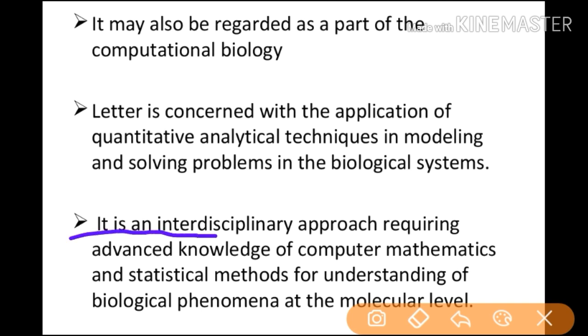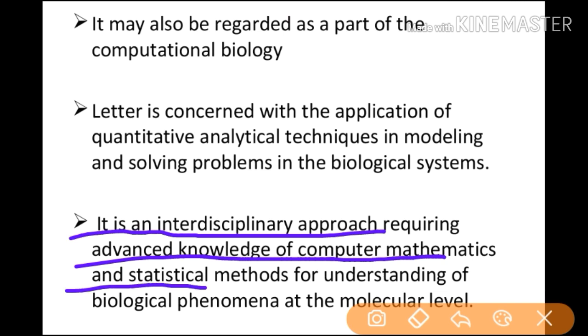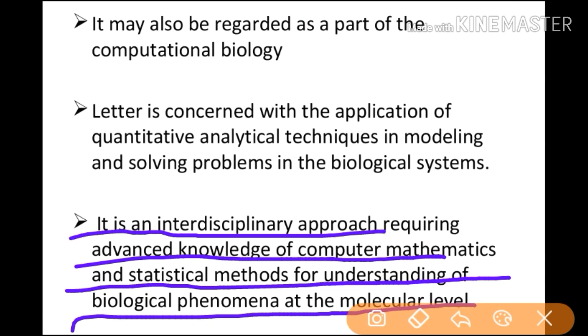It is an interdisciplinary approach requiring advanced knowledge of computer mathematics and statistical methods for understanding biological phenomena at the molecular level. This means it's kind of studying two different subjects at the same time. The first one is computer mathematics and the other one is biological science.